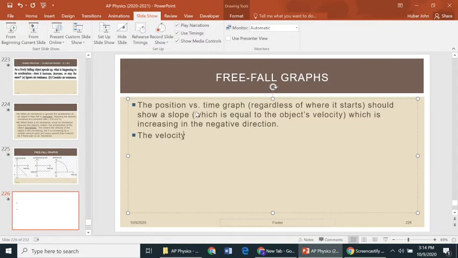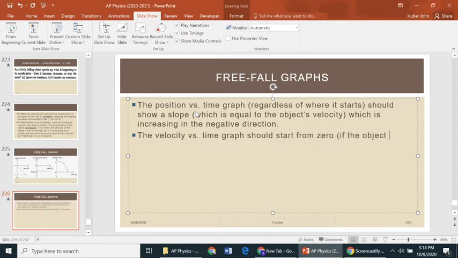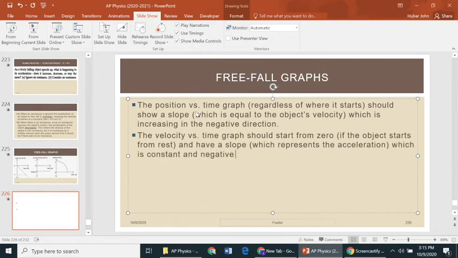The velocity versus time graph should start from 0 if the object starts from rest, which it almost always does, and have a slope which represents the acceleration, which is constant and negative.